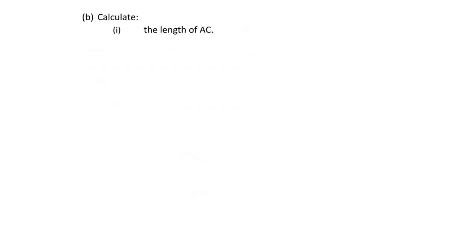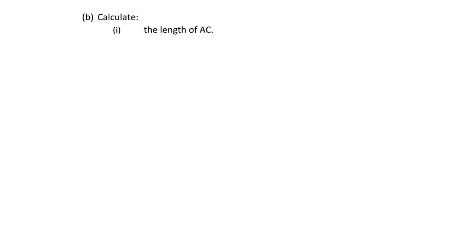Part B of the question, for Roman 1, we are supposed to find the length of AC. Okay, so for this one, let us consider the triangle ABC from the given figure in order to find the length AC.